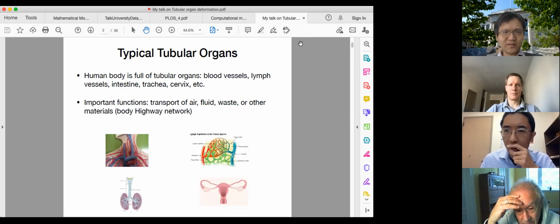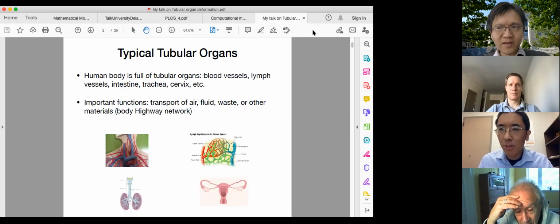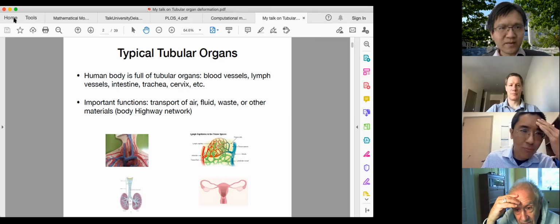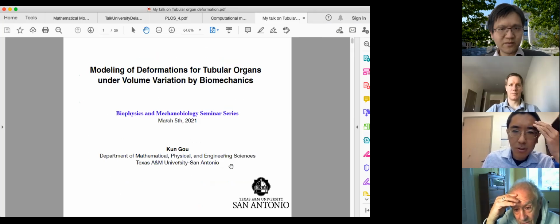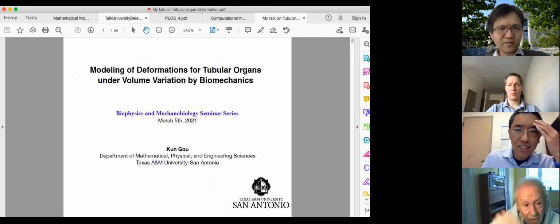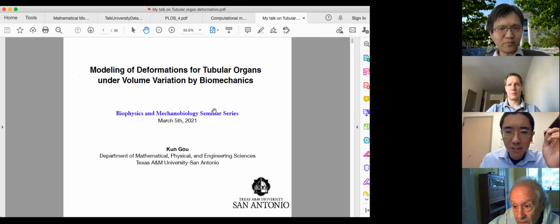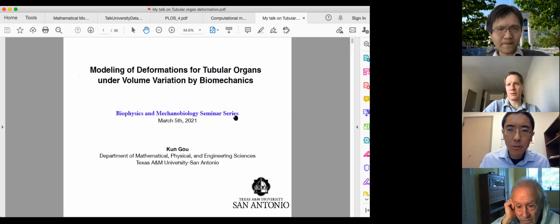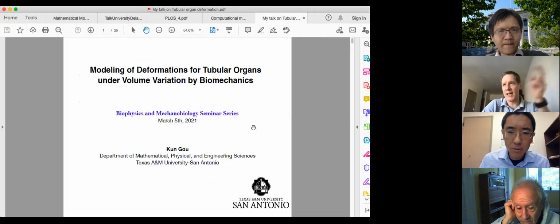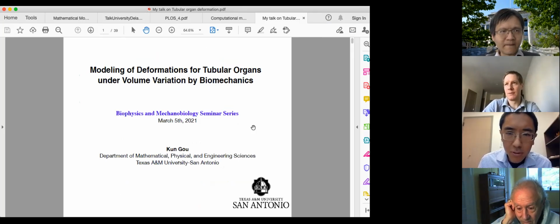So how should I change that? PDF can go to presentation mode.